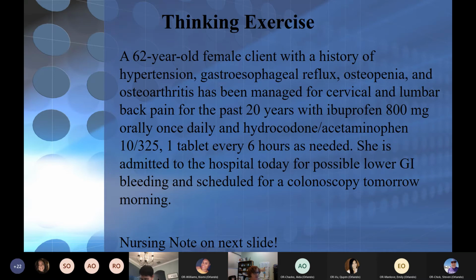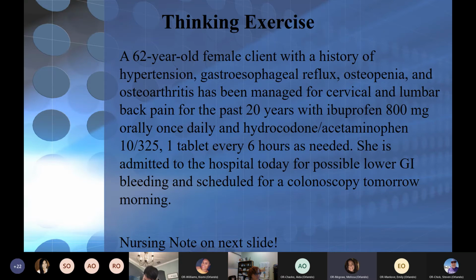This is going to be your scenario, your patient. Okay. A 62-year-old female client with a history of hypertension, gastroesophageal reflux, osteopenia, and osteoarthritis has been managed for cervical and lumbar back pain for the past 20 years with ibuprofen 800 milligrams orally once daily and hydrocodone acetaminophen 10-325, 1 tablet every 6 hours as needed.